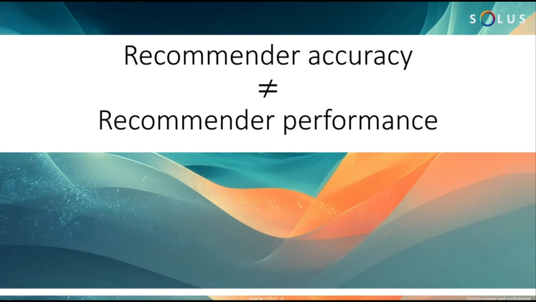So there's a much larger question at play. Just like you have accuracy for algorithms, performance is a multi-dimensional sort of measurement that applies to recommenders in general. So that's another aspect to keep in mind. Now, a lot of this would not be a surprise to most of you if you are decision makers in marketing and CRM. This is just to reiterate some of the basic assumptions.